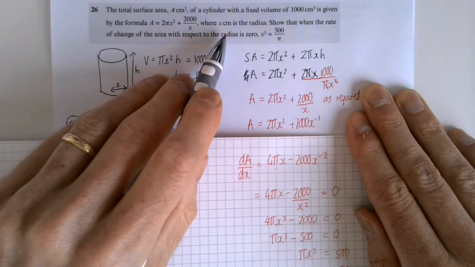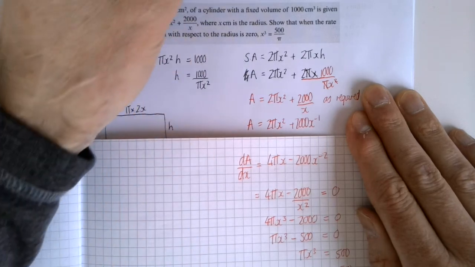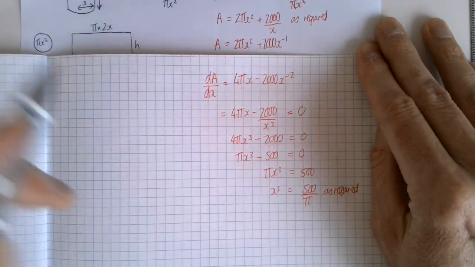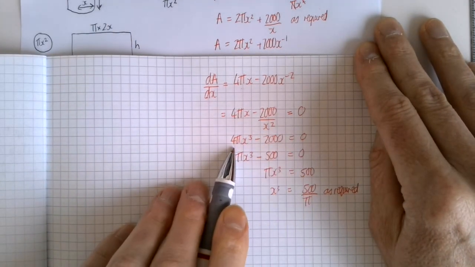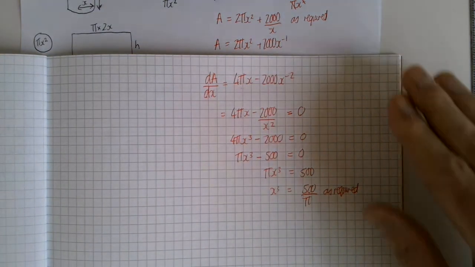So we're not being given a value of x, we're being asked when is the gradient, when is the rate of change 0. This is a turning point, isn't it? So we've got to ask when does it equal 0, and we're used to this with y's and x's, so it's a very similar process, and we're given the answer.